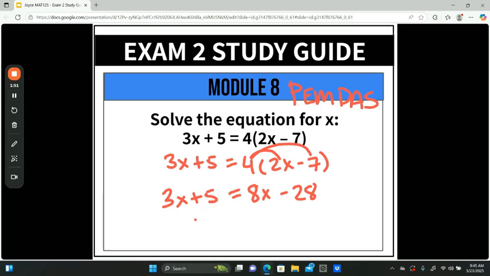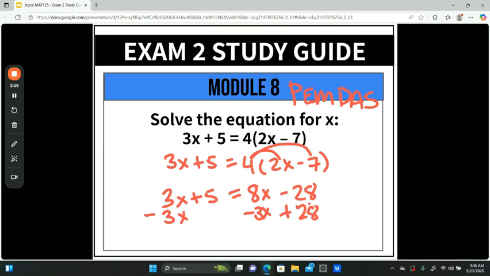And I'm going to combine like terms. What that means is x's are going to go with x's, and regular numbers are going with regular numbers. So I'm going to subtract the 3x and move it over here. And I'm going to take the 28 and put it over here. So add 28.